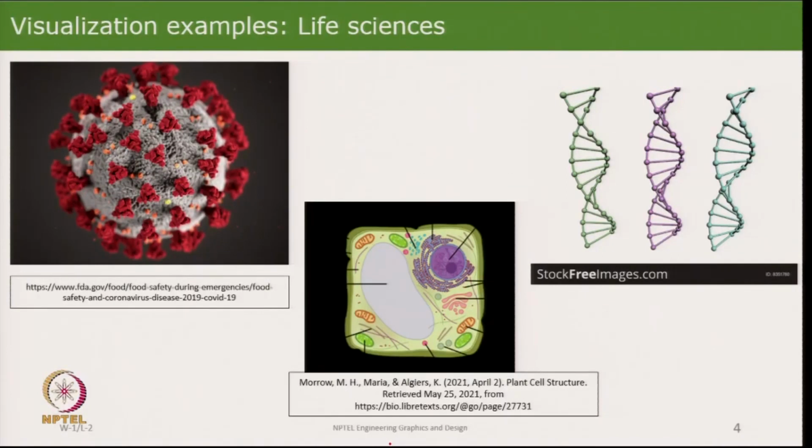So, we now start with some examples, beginning with life sciences. The most talked about thing today is the novel coronavirus, and very early on we saw pictures of this virus, which are shown here on the first picture.